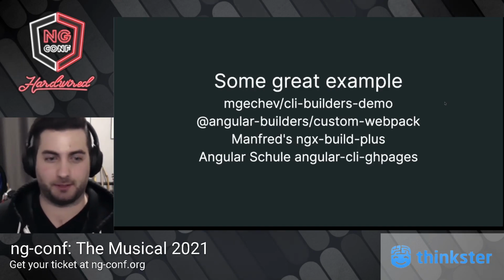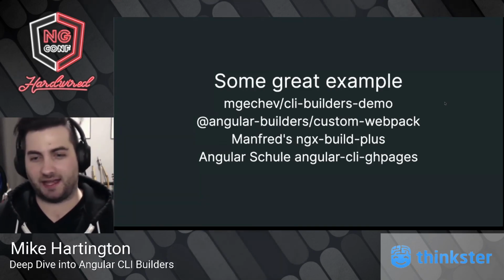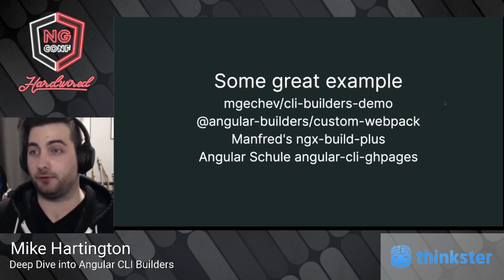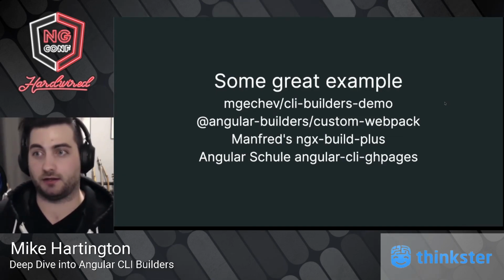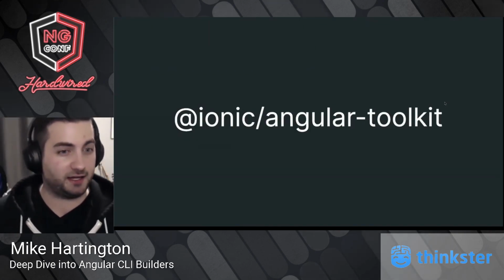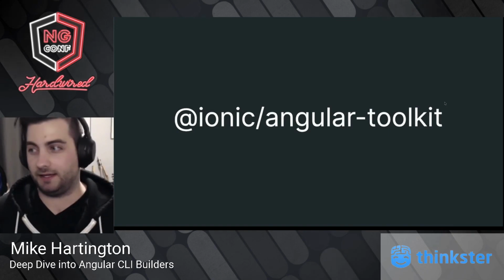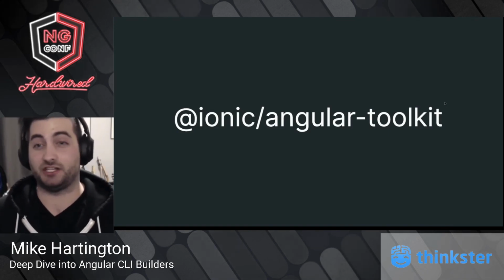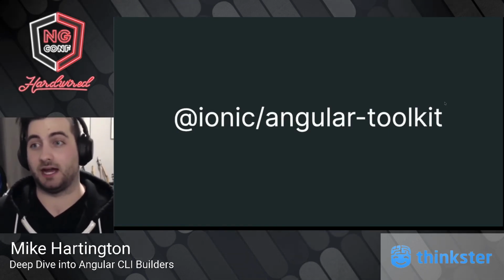Manfred obviously has his ngx-build-plus, and then Angular Schule has their angular-cli-ghpages deploy target builder for deploying to GitHub Pages. All different ways that you can do this. And I'd be remiss if I didn't say, look at the one that I wrote for Ionic, Ionic Angular Toolkit. It has the same kind of concepts and actually uses that extend builder example.